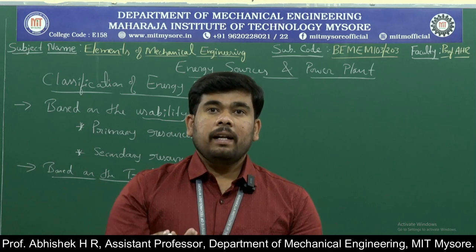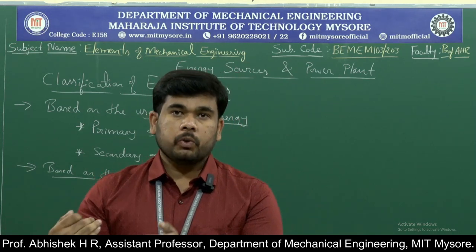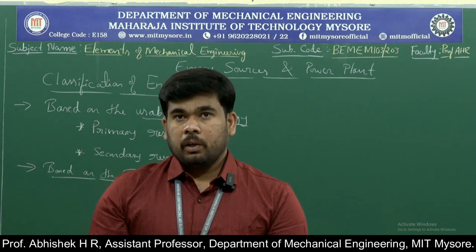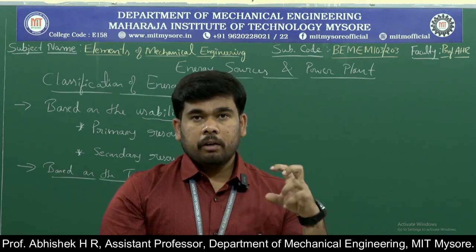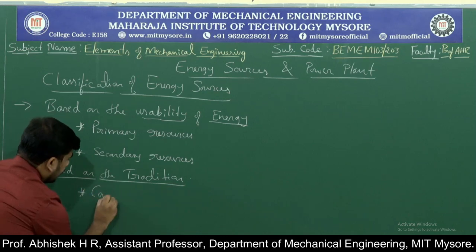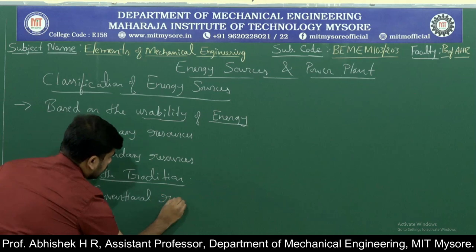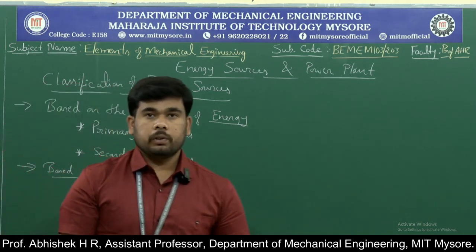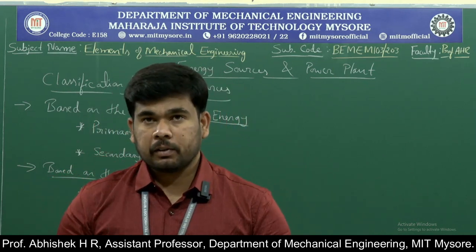These are traditional based sources. We are using them for so many decades. So this kind of resources, we are going to categorize as conventional energy resources, which have been traditionally used for so many decades.